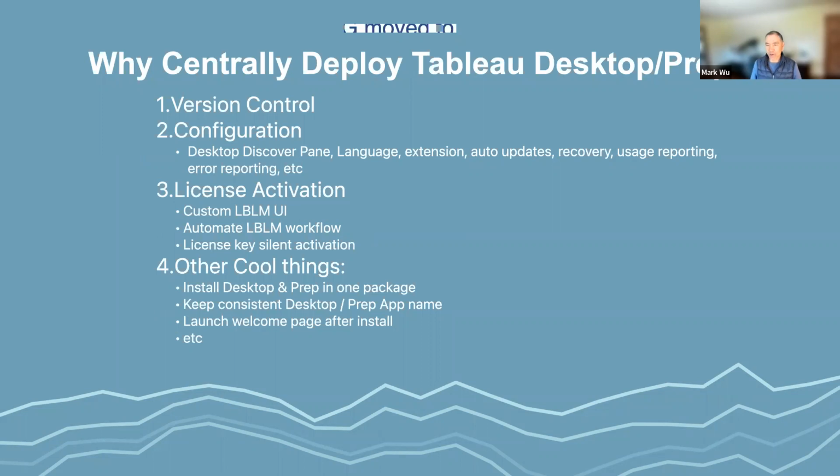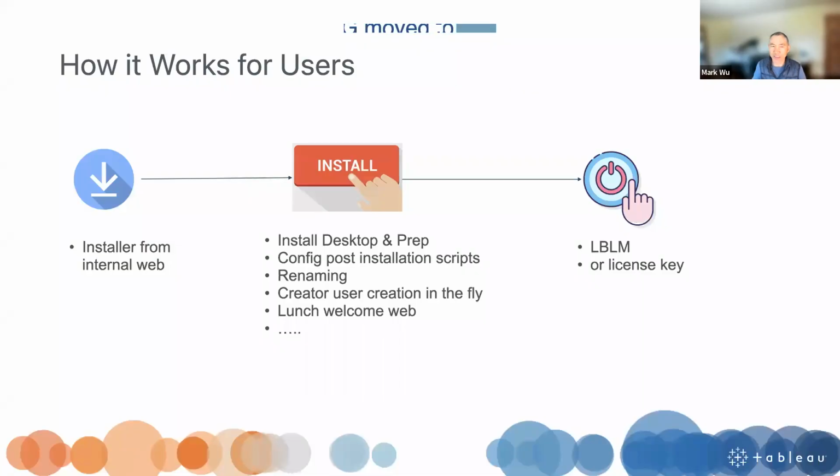So how does it work when you have a centrally controlled package for your users to install Prep and Desktop? From a user perspective, it is more like this. Instead of going to tableau.com, they come to your IT internal website to download the package.